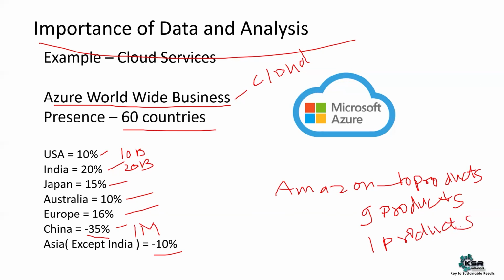It will never remove it. Why? What is the motto behind Amazon? Amazon always has this arrow: from A to Z, every product is available on Amazon. So even the products which are not having good sales, they will still keep, because their motto is that from A to Z, every product should be available on Amazon.